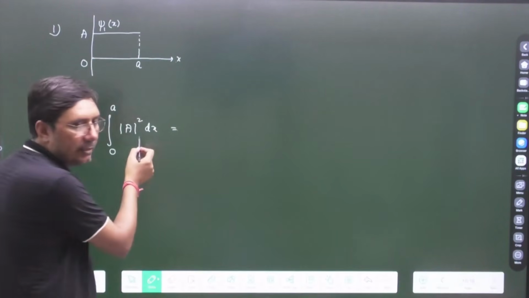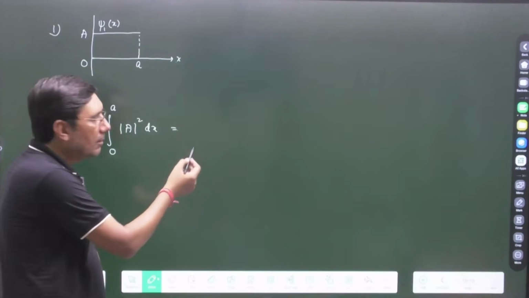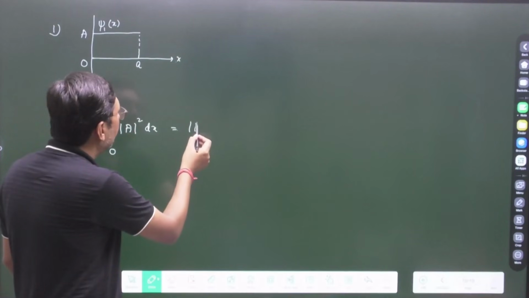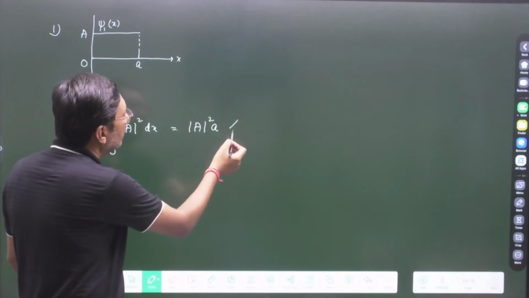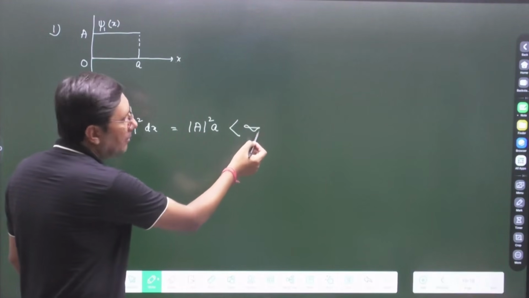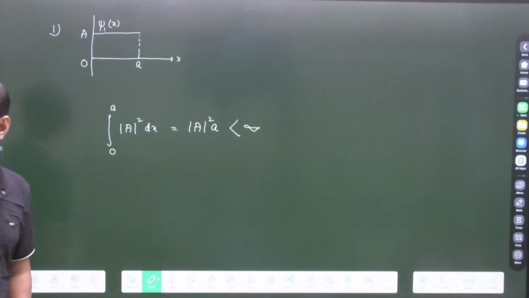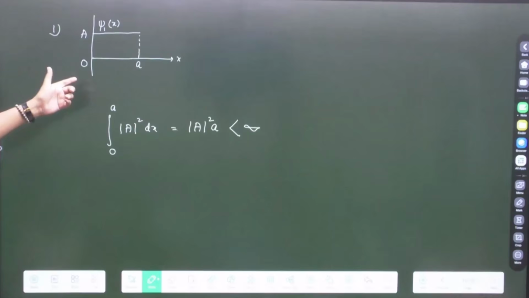And this will be dx का integration कितना हो जाएगा x. So this will be A square into A. This is finite, less than infinity. So this is square integrable. ठीक है, square integrable wave function, but within the limit 0 to A. So this is acceptable wave function.